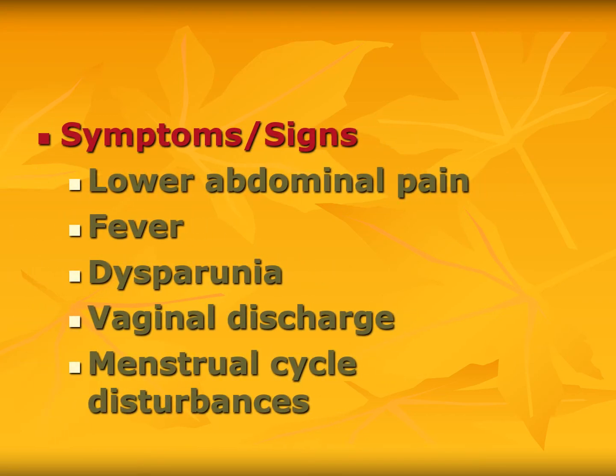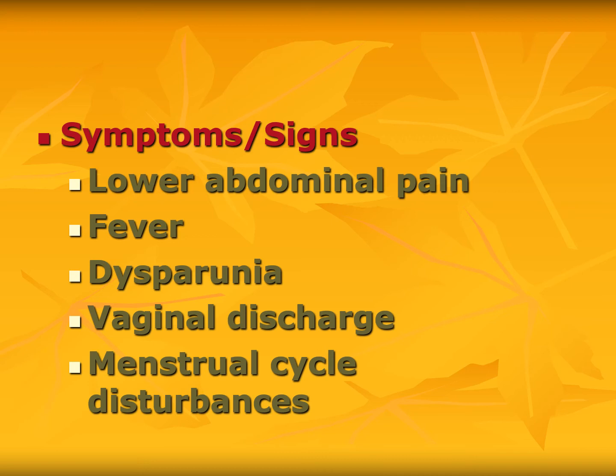Symptoms include lower abdominal pain, fever, chills, dyspareunia, as well as vaginal discharge. Again, those items that can be measured by the doctor would be the signs. So presence of fever, observance of chills, and upon exam, presence of vaginal discharge.